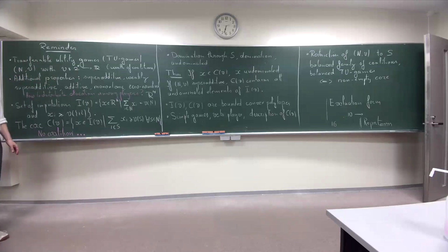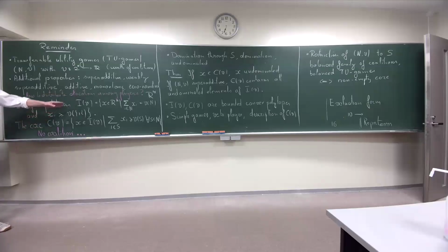This was the set of imputations. We also have the condition that each player should get more than if he's playing just by himself without interacting with the others. These are the first two conditions.